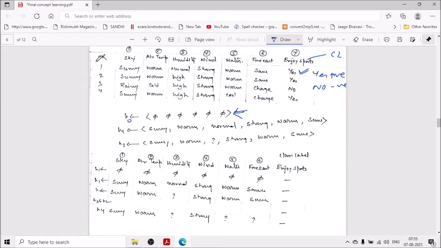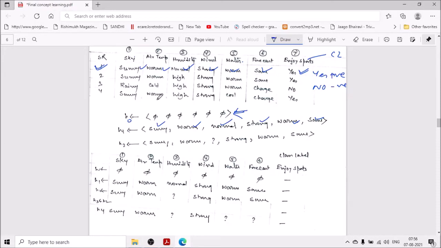For the first data, we replace all the values with the phi. So first one is what? Sunny, warm, normal, strong, warm, and same.